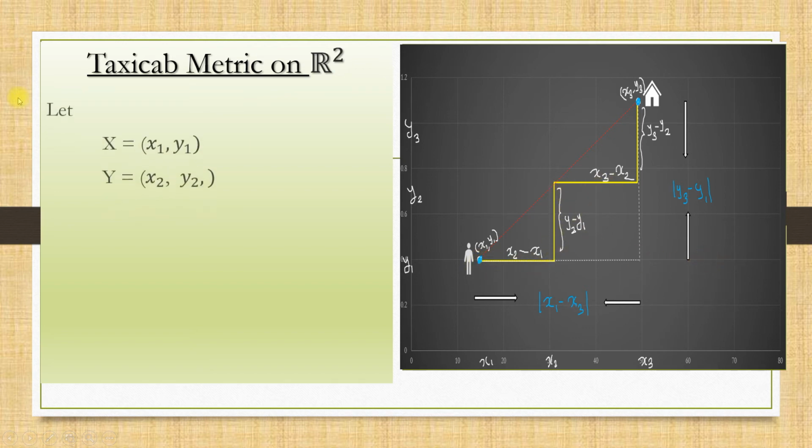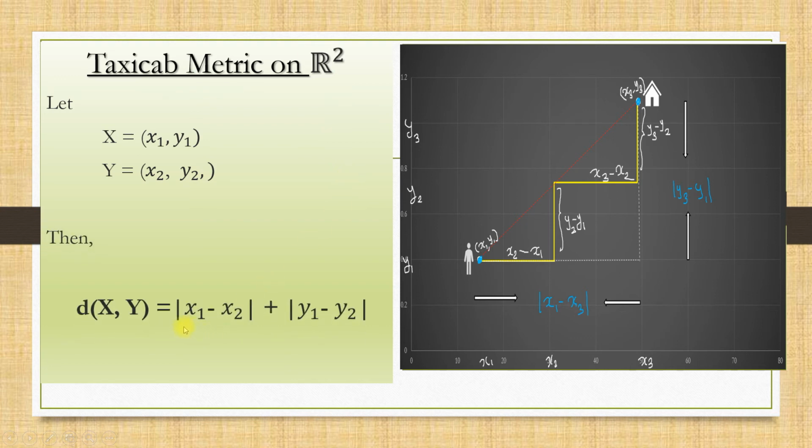So let x equal (x1, y1) and y equal (x2, y2). The Taxicab metric d is given by the absolute value of x1 minus x2 plus the absolute value of y1 minus y2. This is obtained by adding the horizontal and vertical components of these yellow lines. That is, we add (x2 minus x1) plus (y2 minus y1) plus (x3 minus x2) plus (y3 minus y2). We get the absolute value of x1 minus x3 plus the absolute value of y3 minus y1.